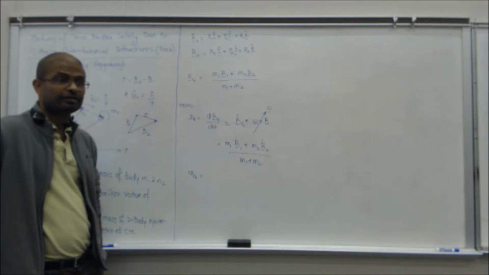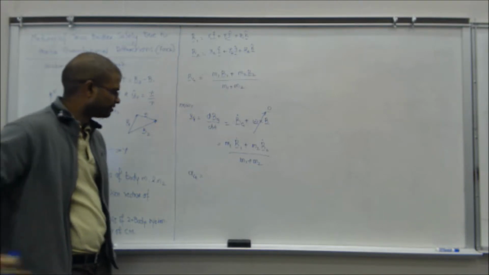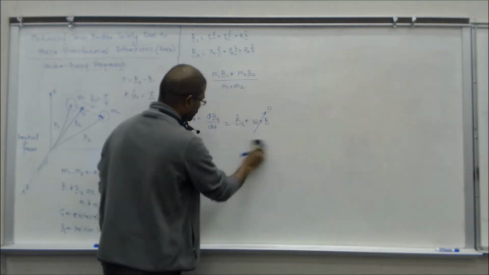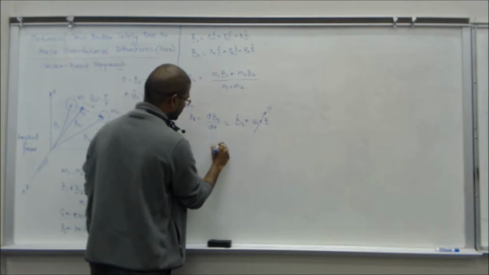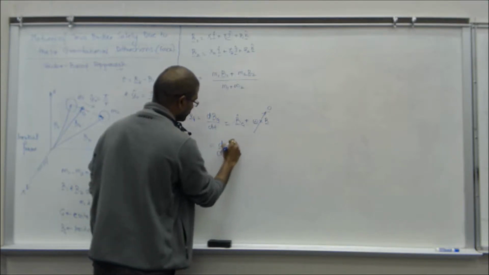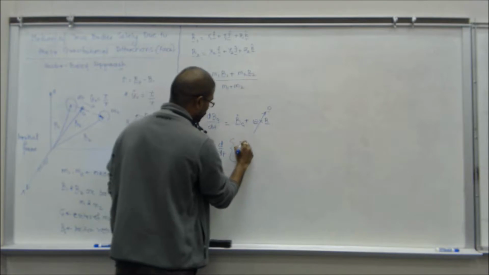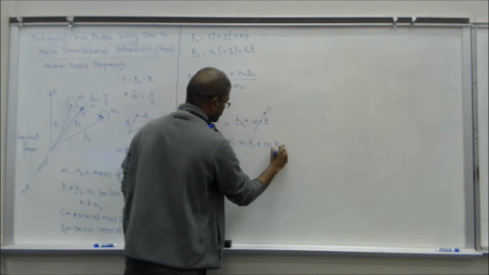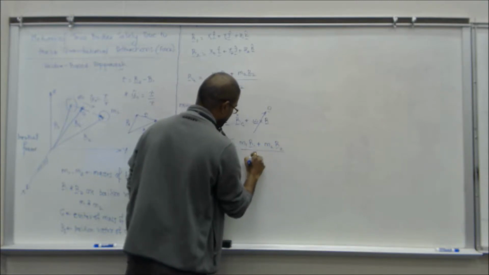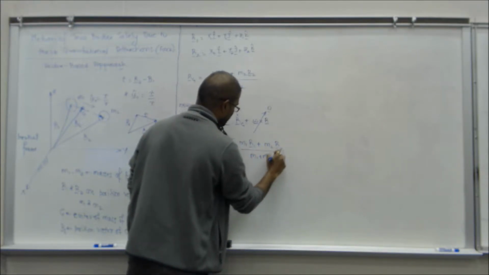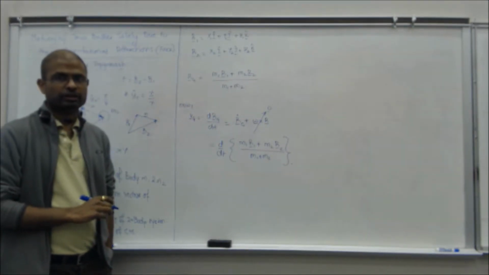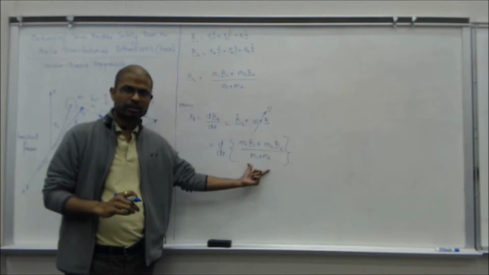So this is d over dt of m1 r1 plus m2 r2. Whenever you take the derivative of the masses, you're going to get zero, since the masses are fixed.